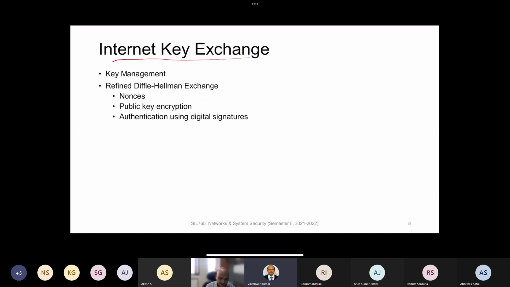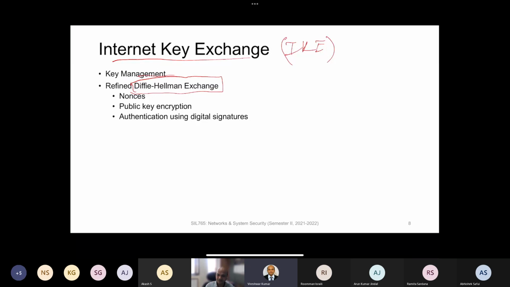Okay, so the internet key exchange, IKE, that I showed you in the previous slide, does the key exchange for IPsec. We have already discussed multiple times that the basic Diffie-Hellman key exchange is not secure. Can somebody quickly tell me why it is not secure?